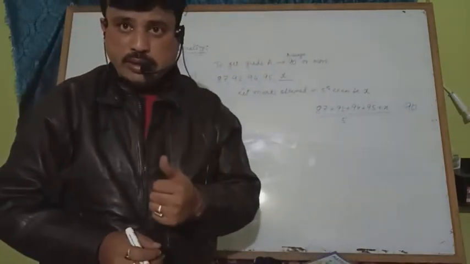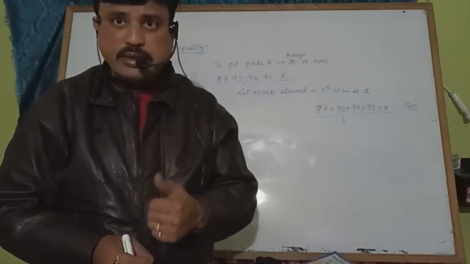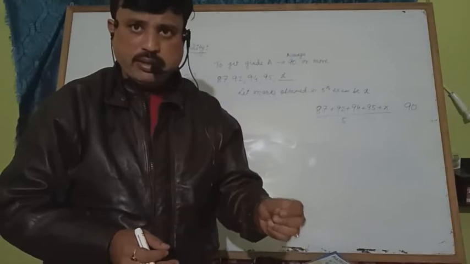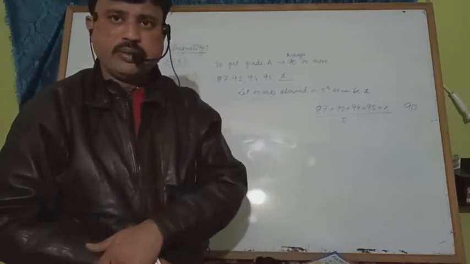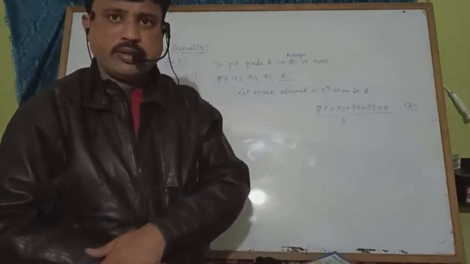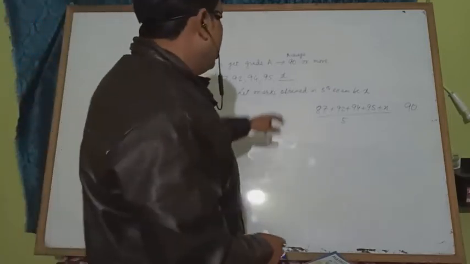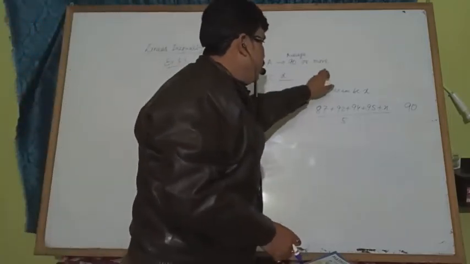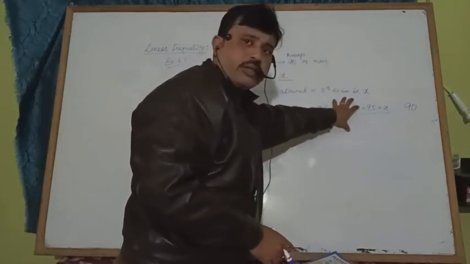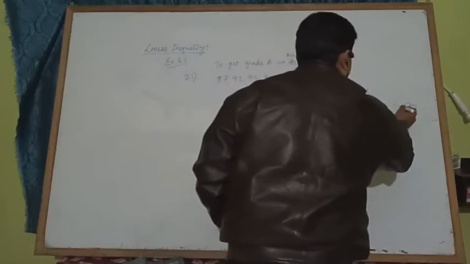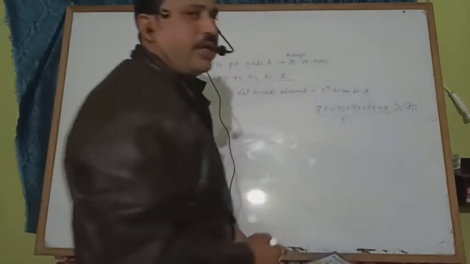Now let us decide which inequality we have to put, less than or greater than. I think you can understand: 90 or more means this average should be greater than or equal to 90.